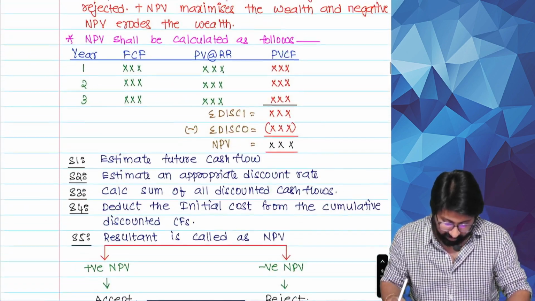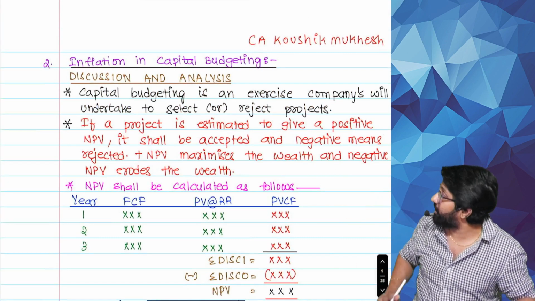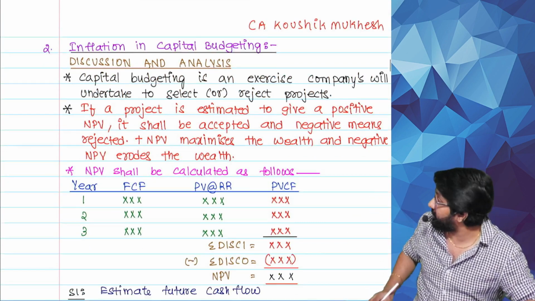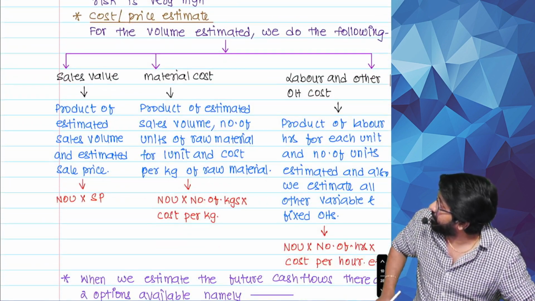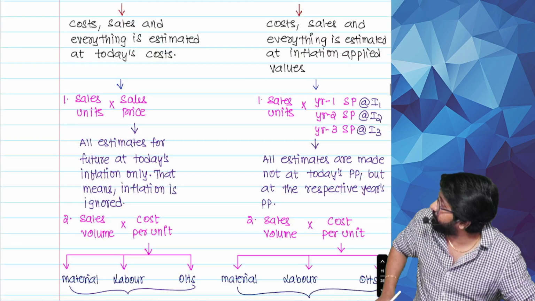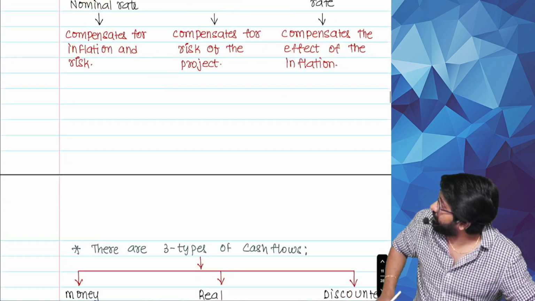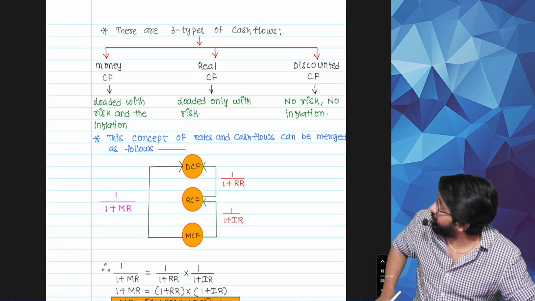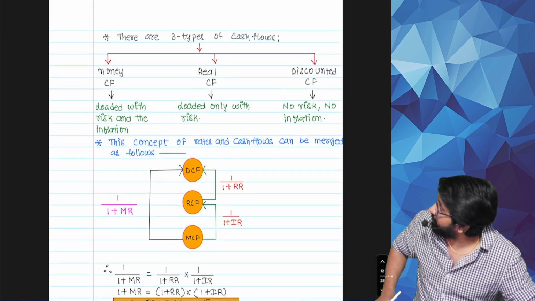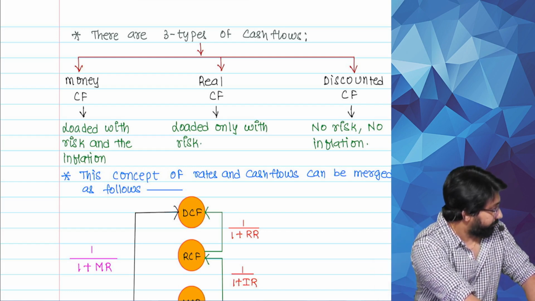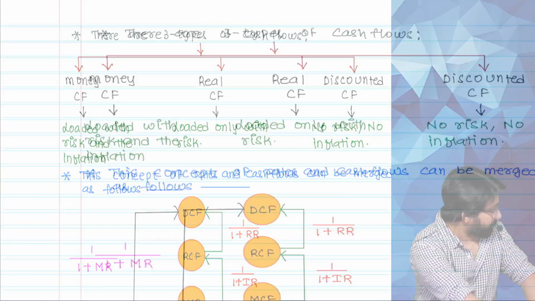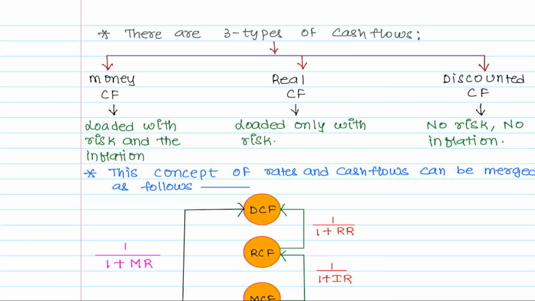Don't write everything. See here, from here I started my analysis in the main notes. I started explaining each and every point: volume estimate, cost estimate, price estimates. You need to copy this one. Copy down the notes.